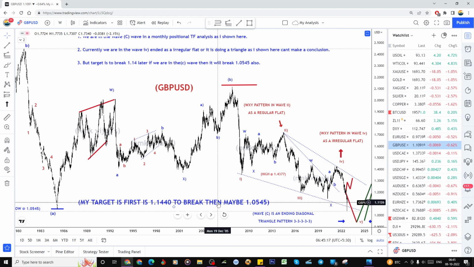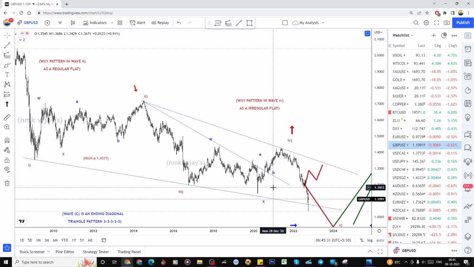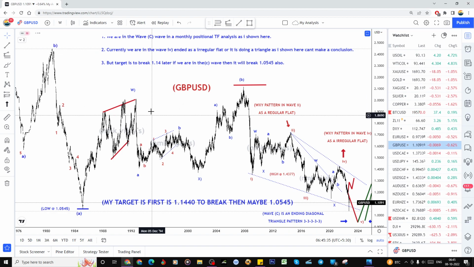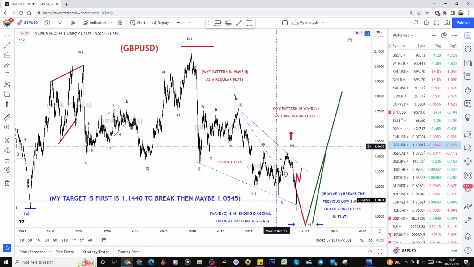Then to break 1.0545, it's already done. The low is 1.0354, and it immediately bounced. So this is the positional weekly target, it's already done. So what is next?